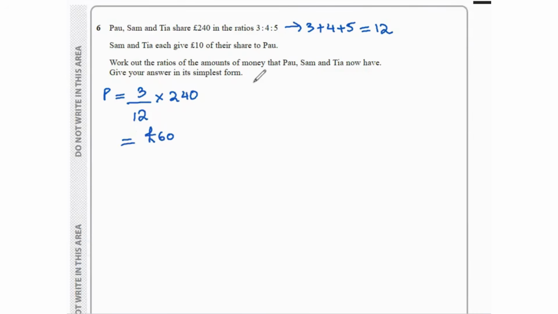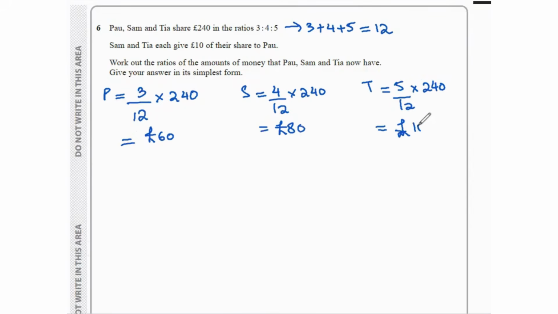So that gives us a value of 60 pounds. Then for Sam, that's 4/12 times 240, which is 80 pounds. And for Tia, that's 5/12 times 240, which is 100 pounds.